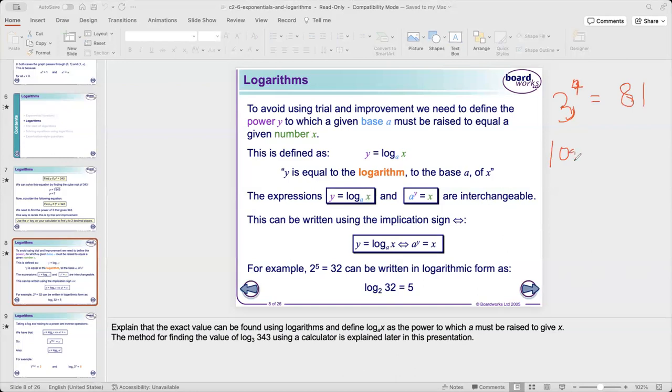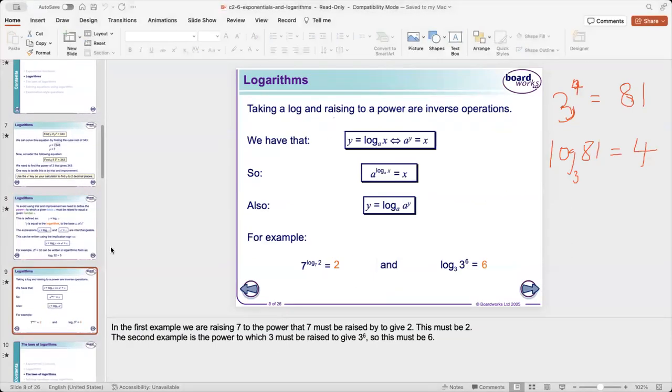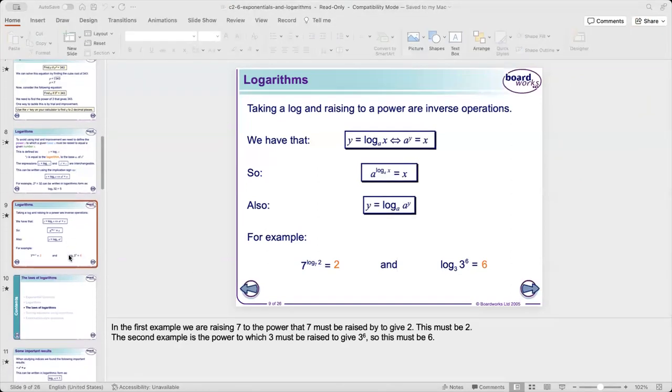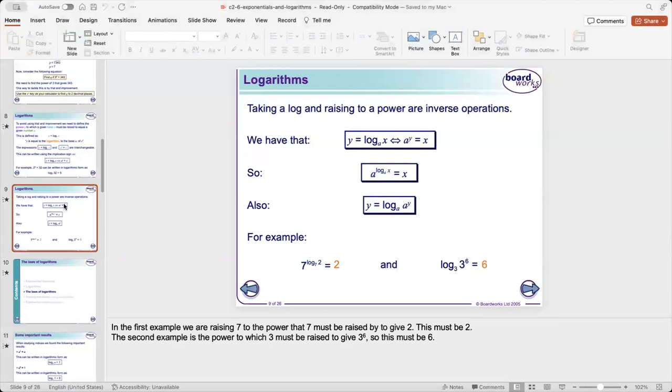Log base 3 of 81 equals 4. So that's how the expression looks.